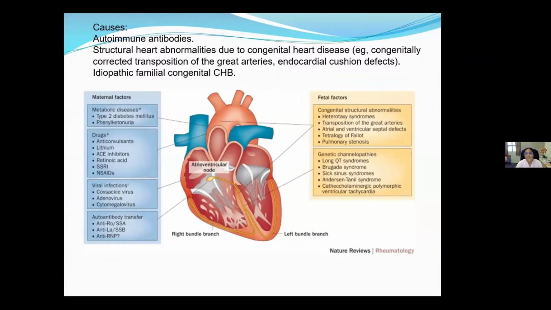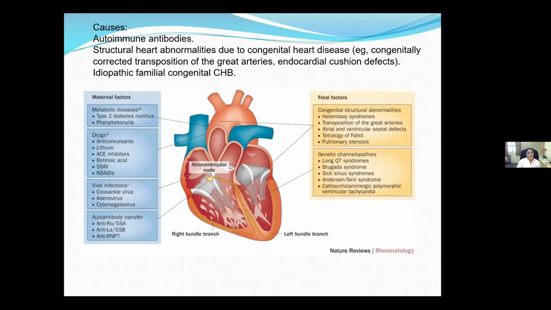But the other causes of congenital heart block could be fetal factors like structural abnormalities in the heart, like heterotaxy syndrome, transposition of the great arteries, atrial or ventricular septal defects, tetralogy of Fallot, pulmonary stenosis, etc. Some of the maternal factors could be type 2 diabetes, or the mother could be on drugs like anticonvulsants, lithium or NSAIDs, or the mother could have viral infections like Coxsackie virus, cytomegalovirus. But today I'm going to concentrate on this autoantibody transfer.